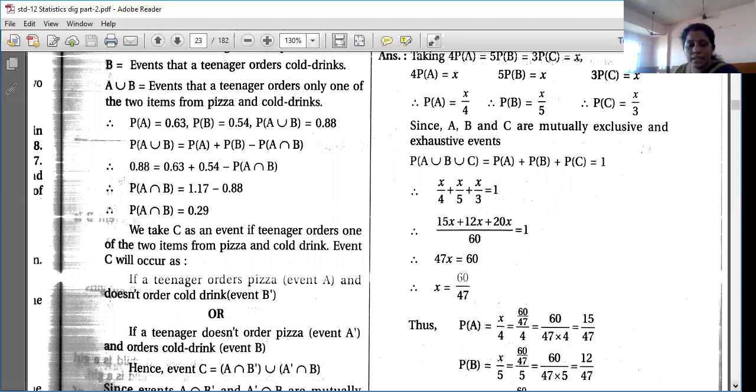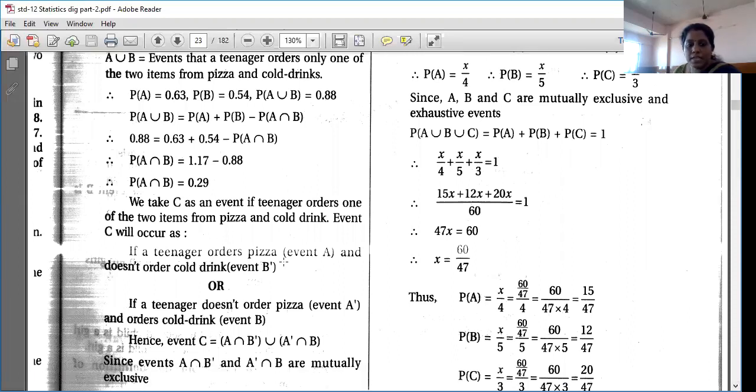So let's see, if a teenager orders pizza, that is event A, and does not order cold drink, that is B dash. I told you that a negative word means complementary.